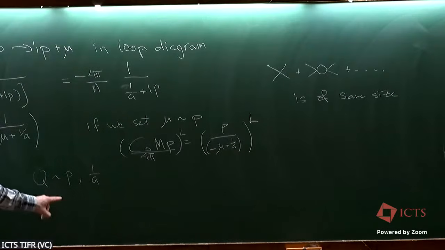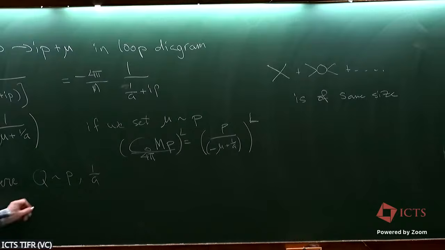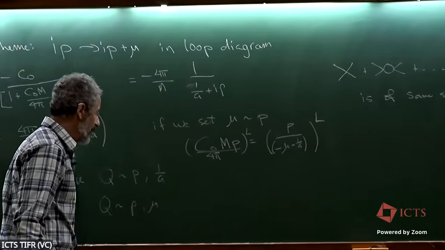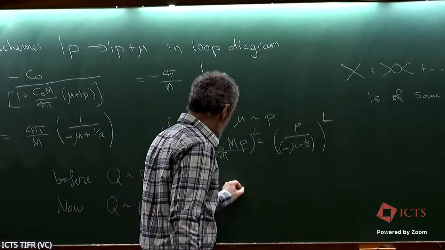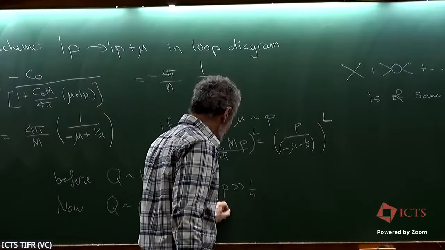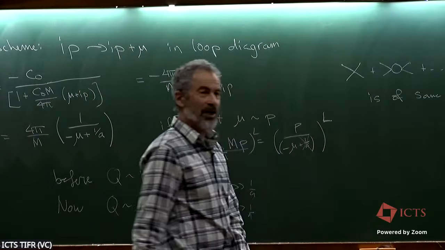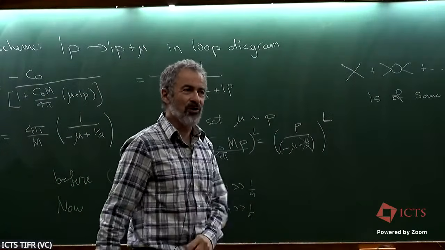So now what happens is if we have Q on the order P and mu, and therefore if P is much greater than 1 over A, mu is much greater than 1 over A, this thing just becomes unimportant, and this is just an order 1 correction.